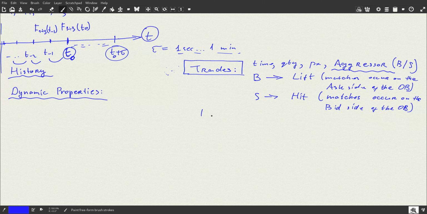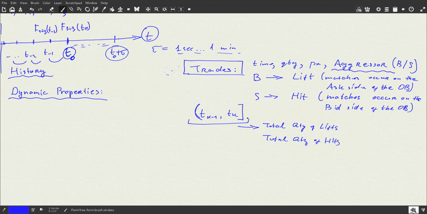For each interval t(k-1), tk, for example including the more recent point but not including the more distant point, we can compute, first of all, the total quantity of lifts and the total quantity of hits over some fixed time interval.